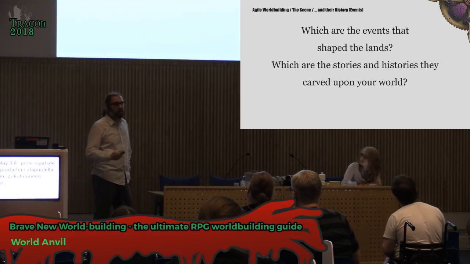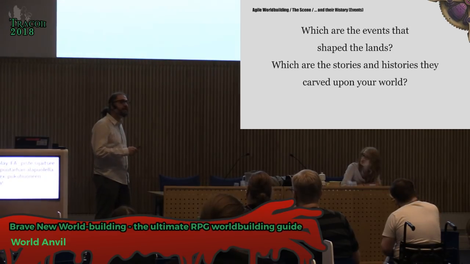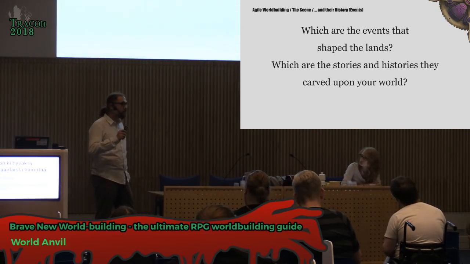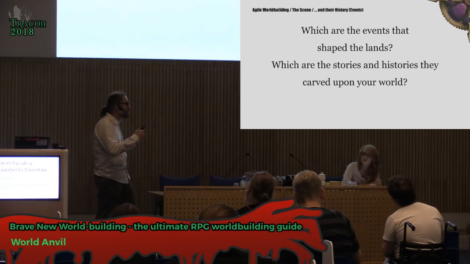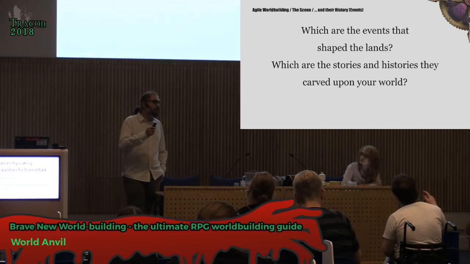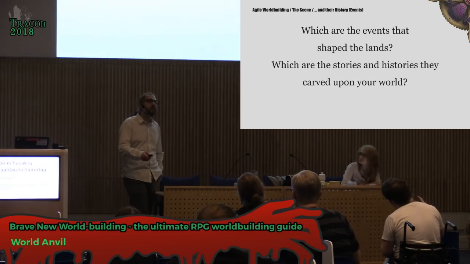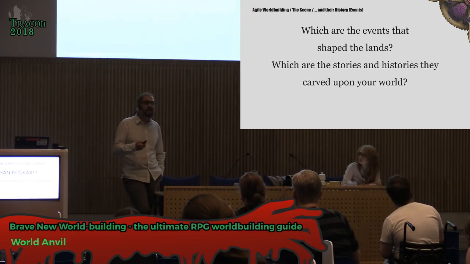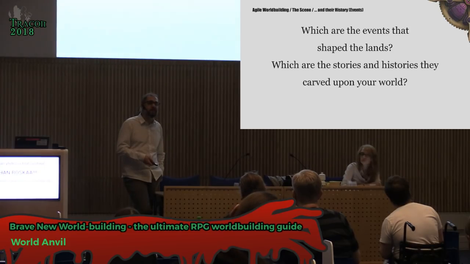Because knowing what happened to your world will dictate what possibly is going to happen in the future, which means that you will also have the ability to forecast and, in many ways, also talk about stories in a more show-don't-tell kind of way. If in your world you had a civilization that once lived and was destroyed after a plague, the chances are that if you see living ruins, they would be from that civilization.